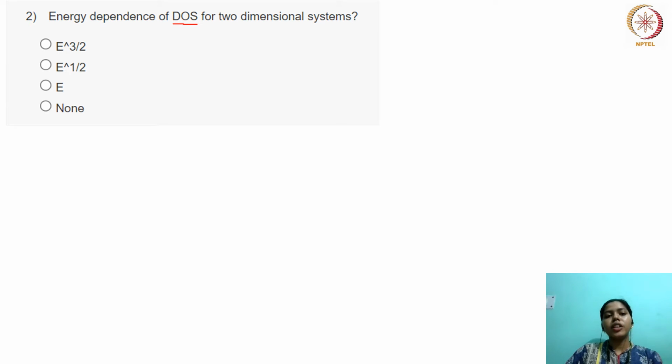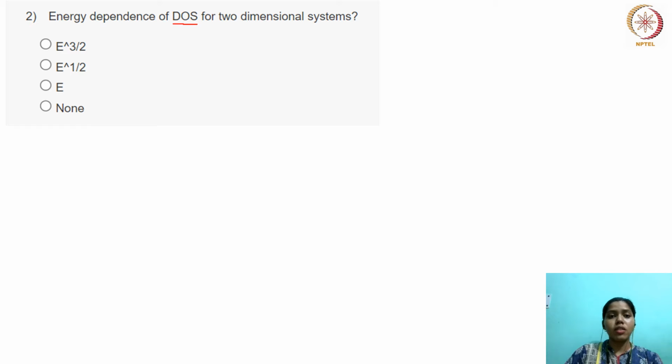So before moving to this two-dimensional case, the first thing that we should know is what density of states actually means. So density of states tells you the number of states that are available in an energy level to be occupied by an electron.